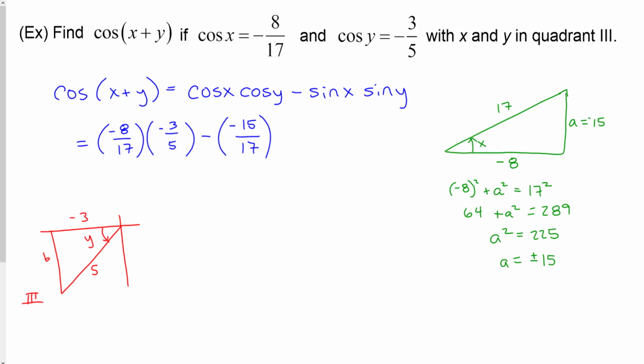So -3 squared plus b squared is equal to 5 squared. So 9 plus b squared is equal to 25. So b squared is 16. Or b is positive or -4, but since I'm in quadrant 3, it's going to be -4. So the sine of this angle measure is going to be -4/5.